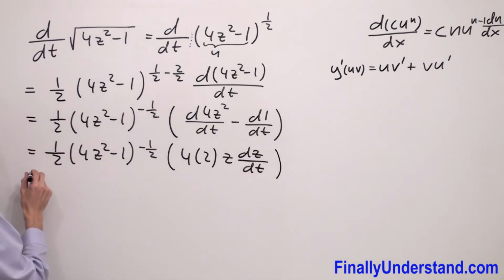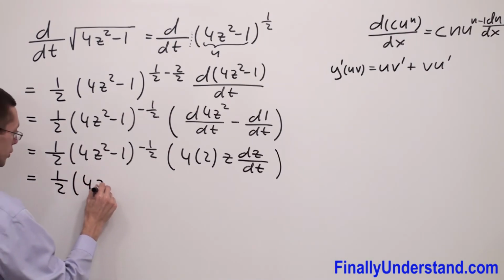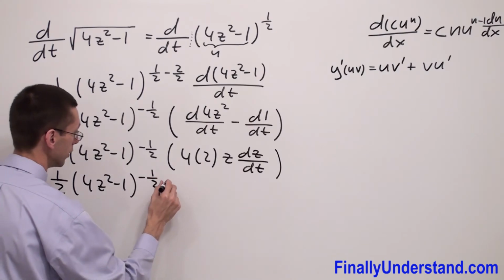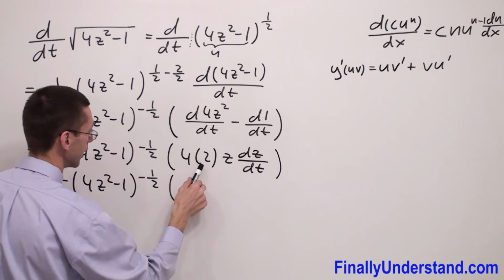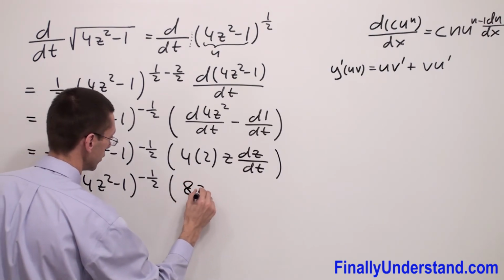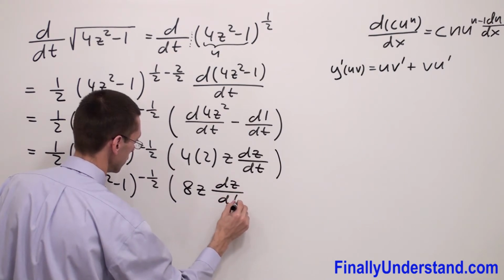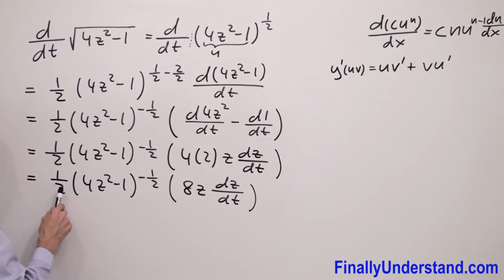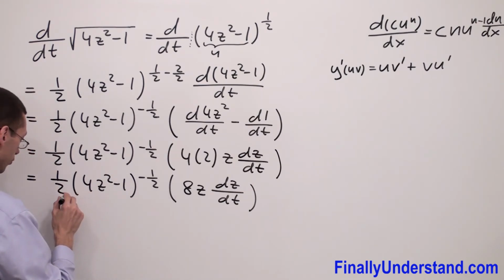And I have 1/2 times 4z squared minus 1 to power negative 1/2, and I have 4 times 2 is 8, so I have 8z dz over dt.